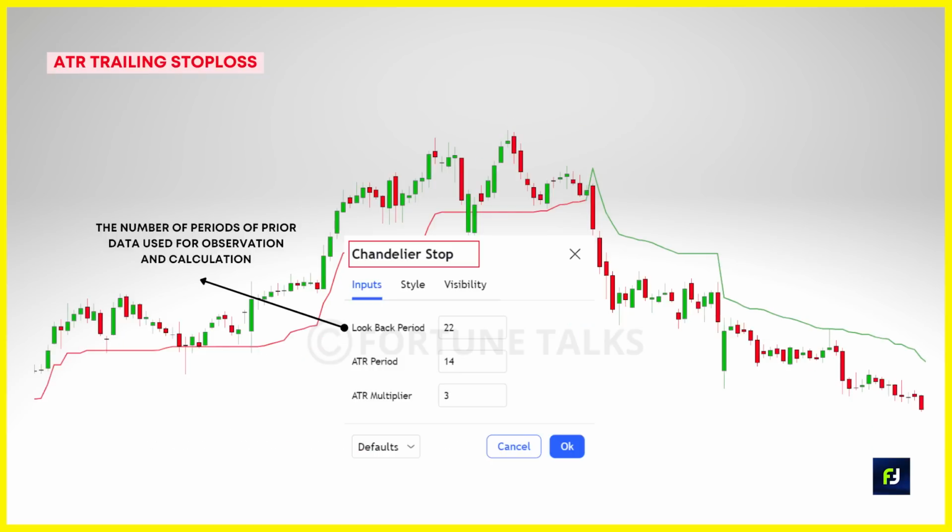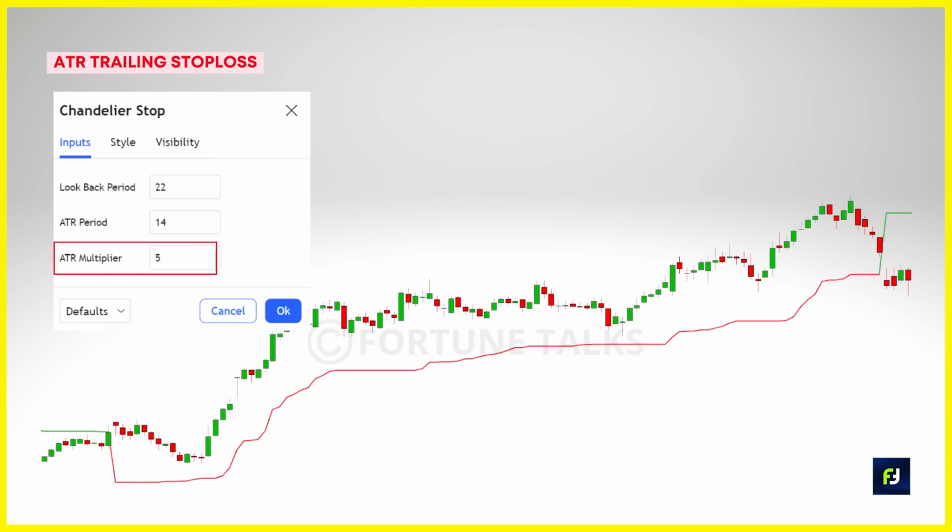But all these calculations and plotting is hard work. So to make your life easier, there is a very useful indicator called the Chandelier Stops, which performs this function brilliantly. What the Chandelier Stop does is take the highs and calculate the ATR value, which is X. In this case, assume that I have used 5 as my multiplier, so I am using 5 times ATR for buffer.